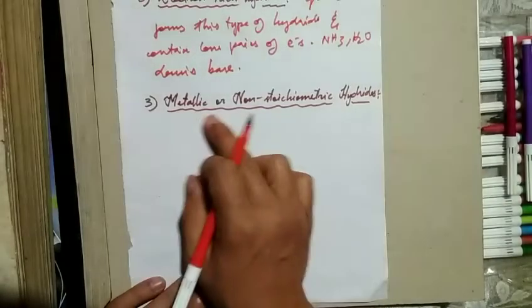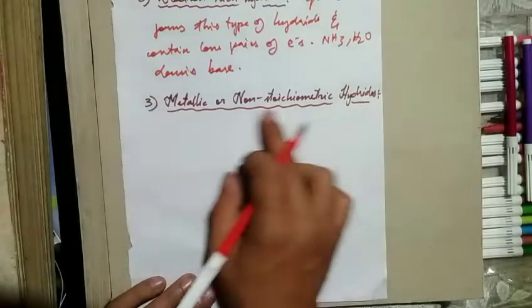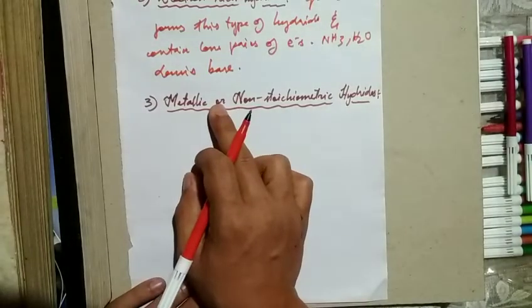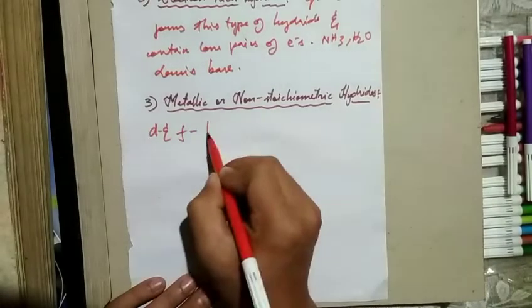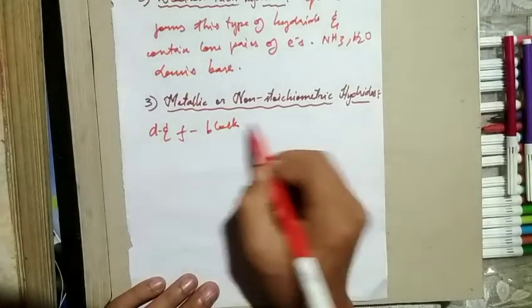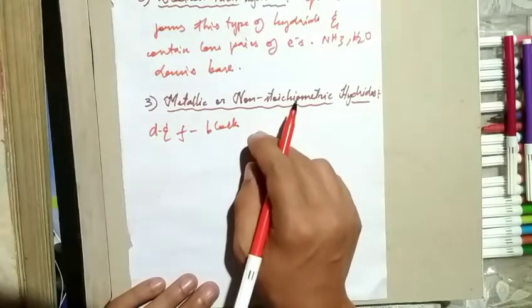Third one is metallic or non-stoichiometric hydrides. The d and f block elements form metallic or non-stoichiometric hydrides.